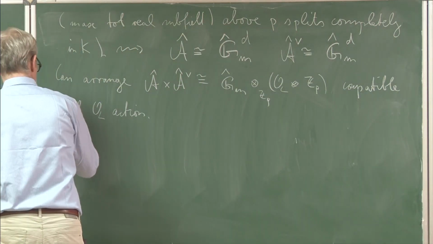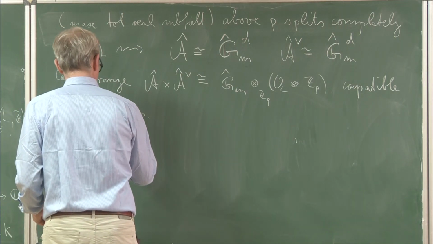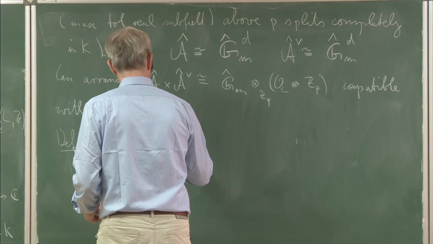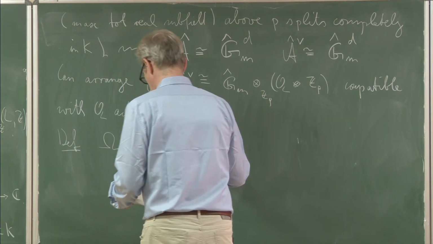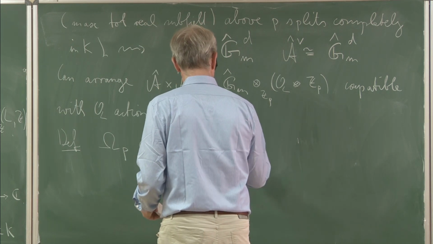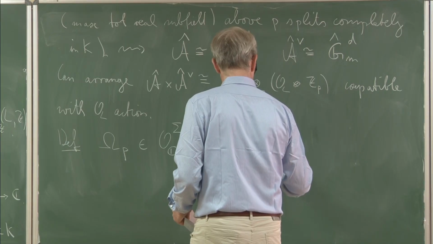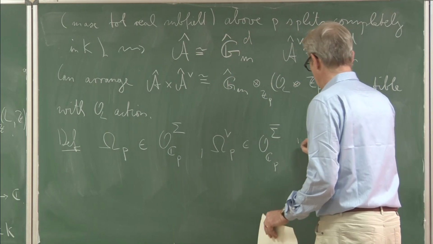So we can define omega p, which is an element in O Cp to the power sigma, and we can define omega p dual, which is an element in O Cp sigma bar. These are p-adic periods.